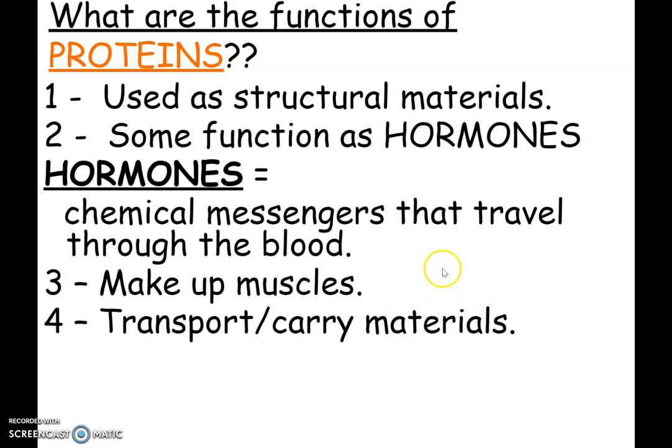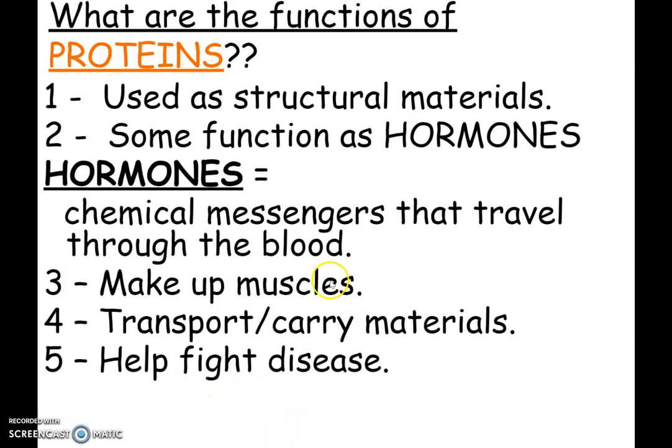We talked about hemoglobin, which is an example, but we're going to see many instances where proteins help transport substances in living things. And then last but not least, we have two more. They help fight disease. You may have heard with this whole COVID thing, these things called antibodies, which help fight COVID-19.